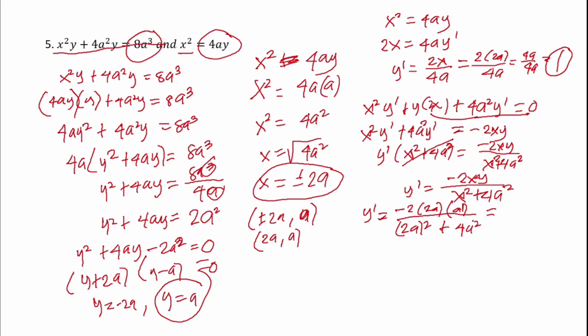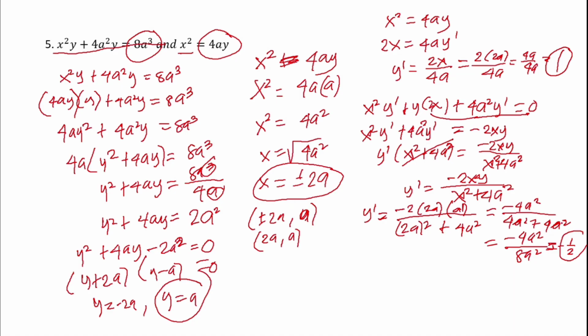So we have here negative 2 times 2a times a. The result of this is negative 4a squared over 4a squared plus 4a squared. So this is negative 4a squared over 8a squared. So the result of this one is negative 1/2.